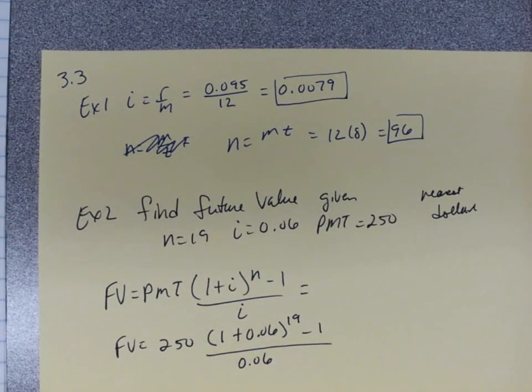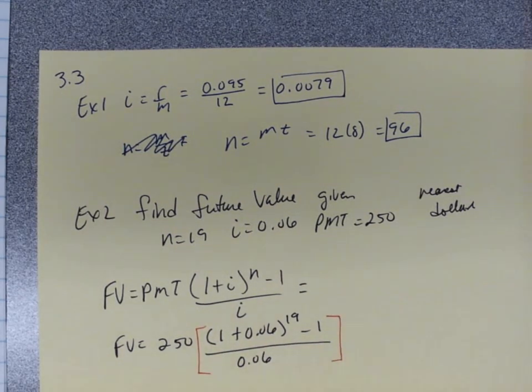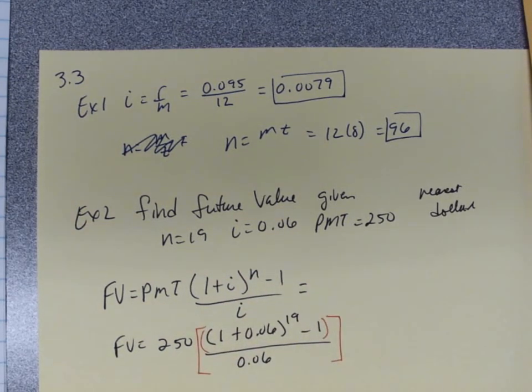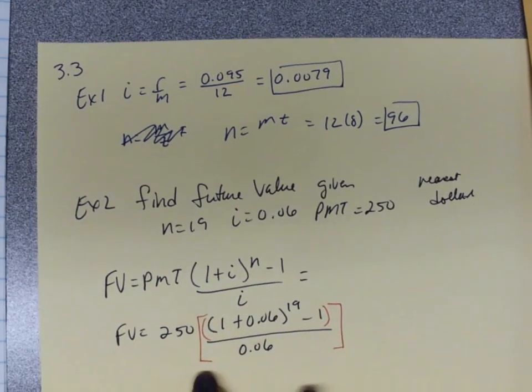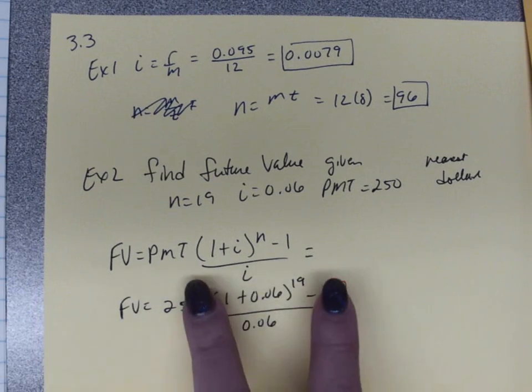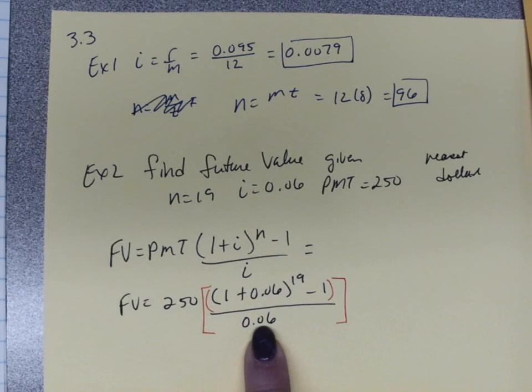Now, on the formula, that's how it looks. I'm going to tell you that we're going to need to put in brackets here, and I'm also going to put in a set of parentheses here because you have to get the entire top part together. If you just put this in, minus 1 divide by that, it'll divide negative 1 by 0.06, which is not the same.